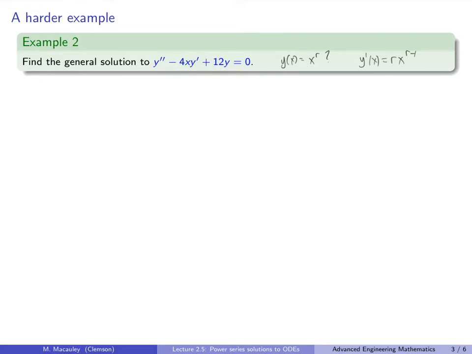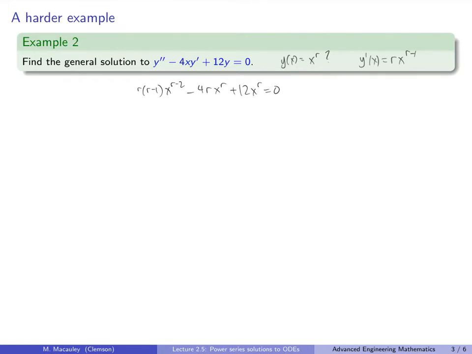But the problem is that this y double prime is not going to. In other words, if we try to plug this in, we're going to get r times r minus 1, x to the r minus 2, minus 4 r x to the r plus 12 x to the r equals 0.